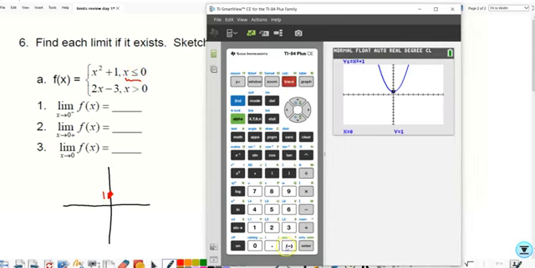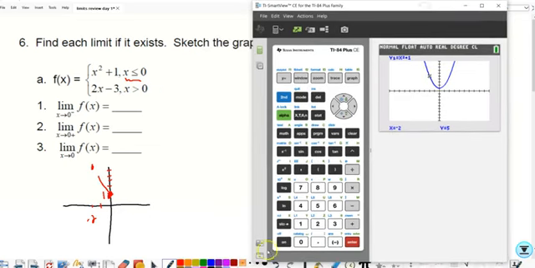I'm going to hit trace. Let's go to negative. Okay, negative 2, that works. Negative 2 is at 5. And we get this parabola shape.